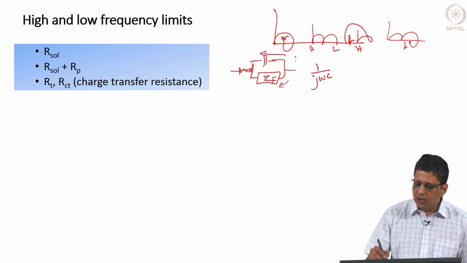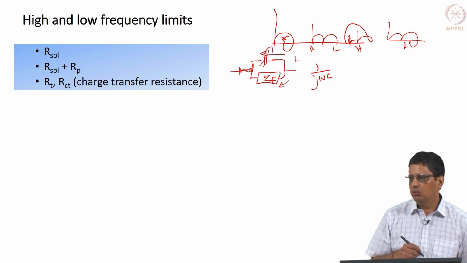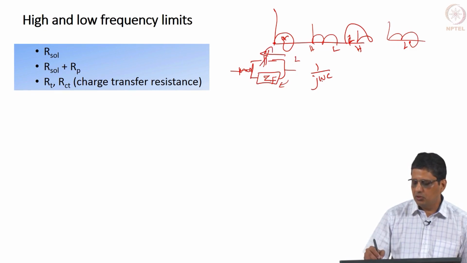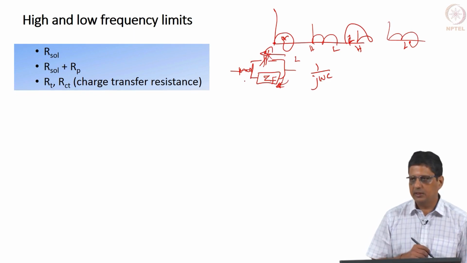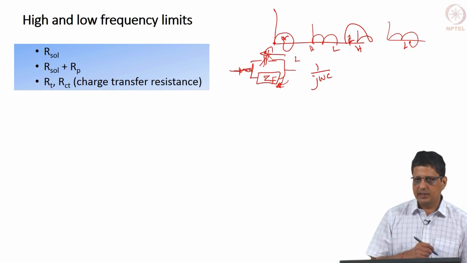If we go to very low frequency, the capacitor will not allow much current to go through, because as omega tends to 0, 1 by omega tends to infinity. So, this looks like an open circuit, and all the current will go through only the Faradaic process, or the electrochemical reaction, and of course the solution resistance.